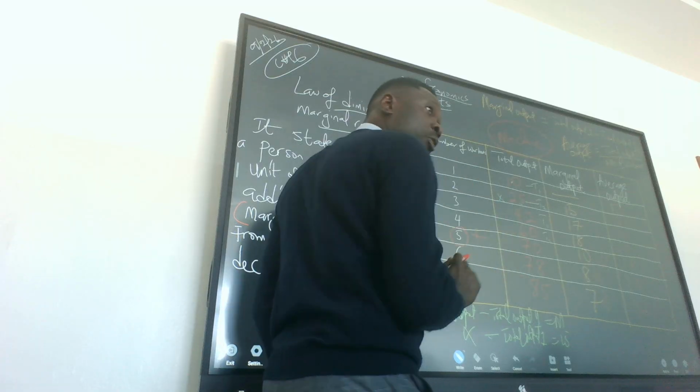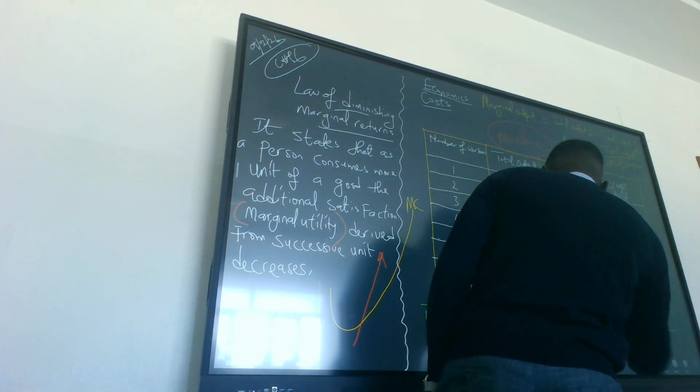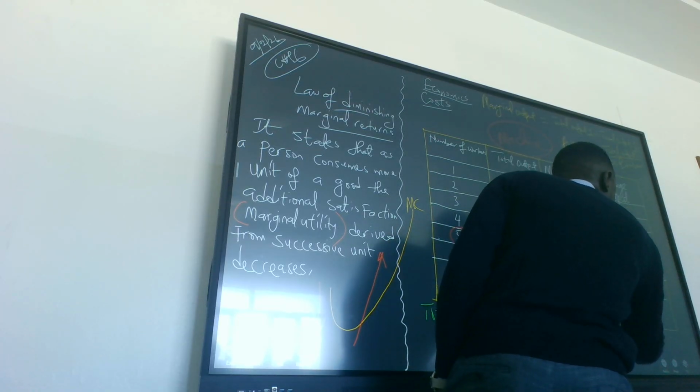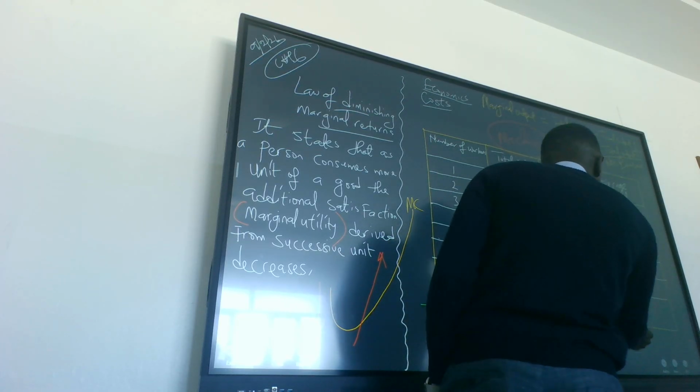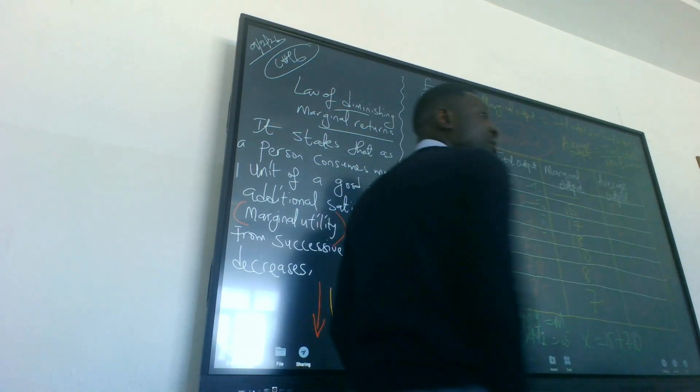So x will be total output 2. x equals 15 plus total output 1, which is 10. That will give you 25.